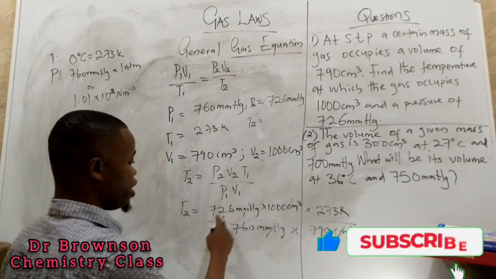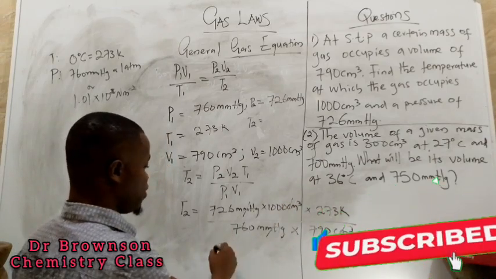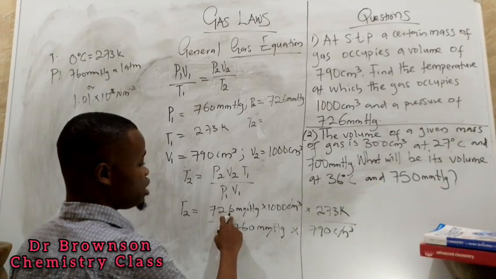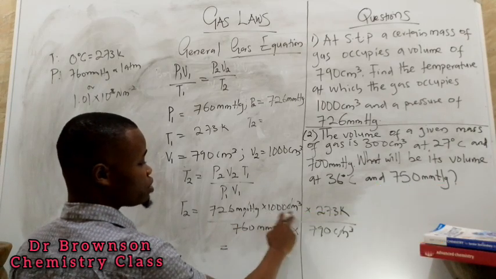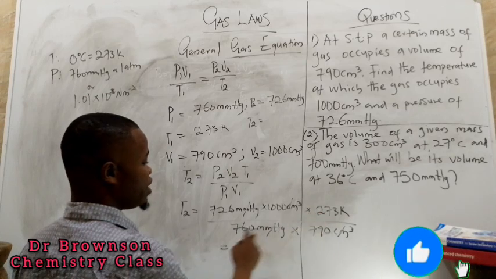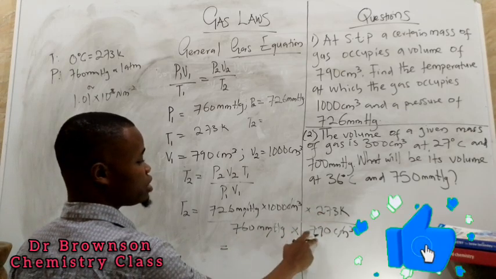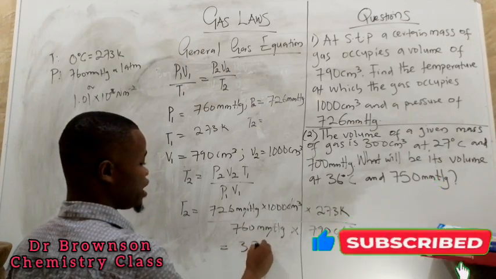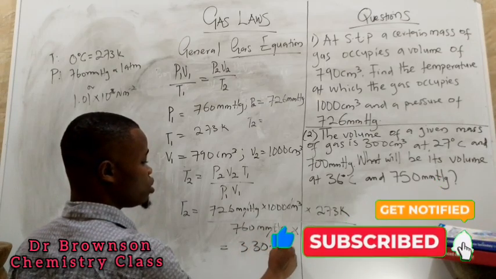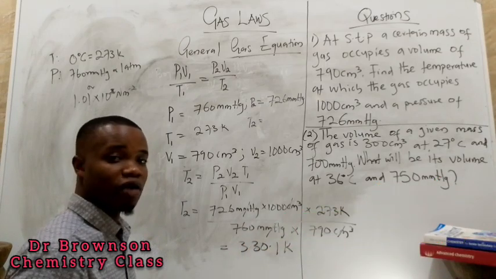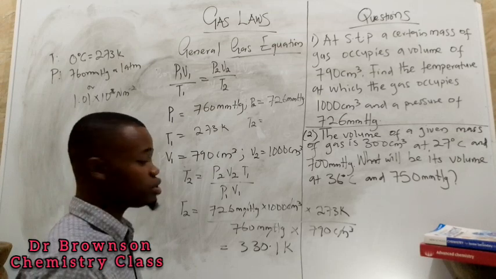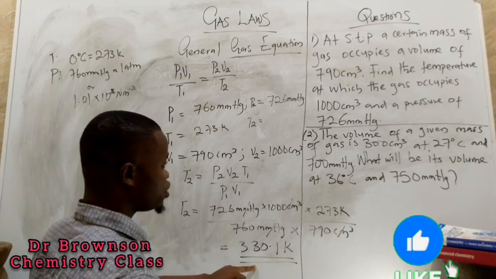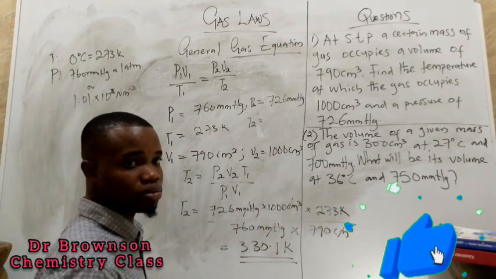Our final answer is 726 times 1000 times 273 divided by 760 times 790, and you're going to have 330.1 Kelvin. So this is our final answer for this question.